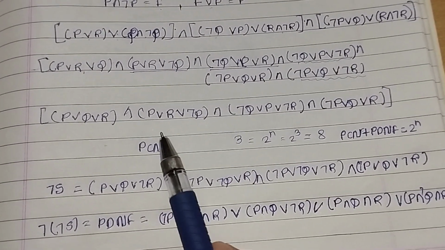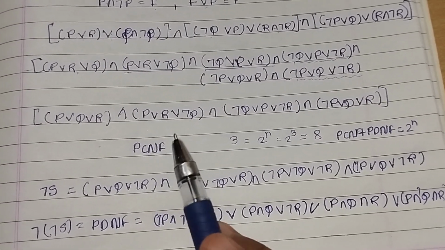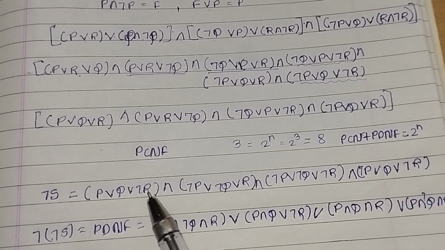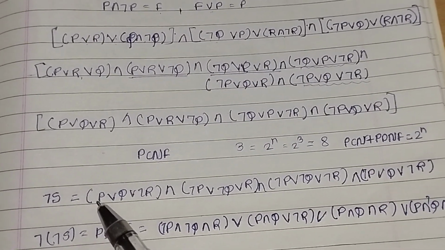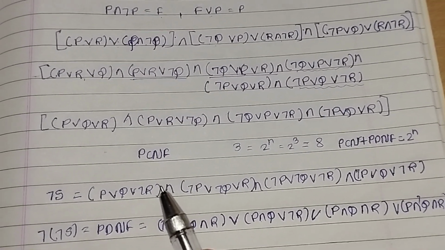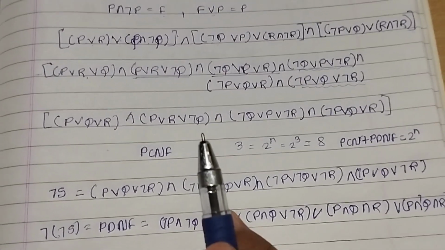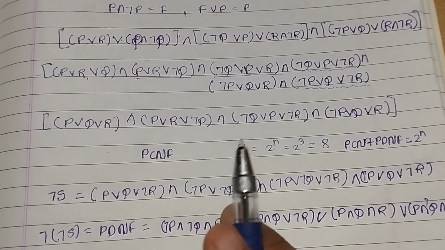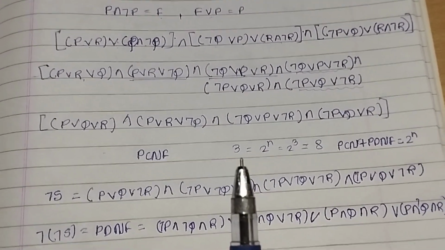If we find the PDNF, then again the same: what is not present in the PDNF, write as negation S, and the negation of negation S is the PCNF, vice versa. So now I hope you get the idea how to find the PCNF and PDNF, and which conditions are required to find them. Thank you.